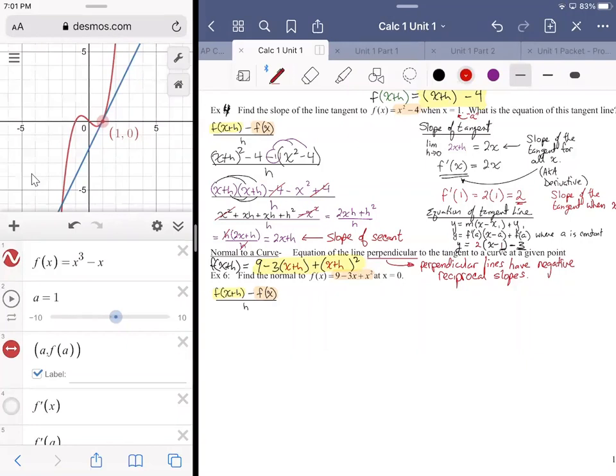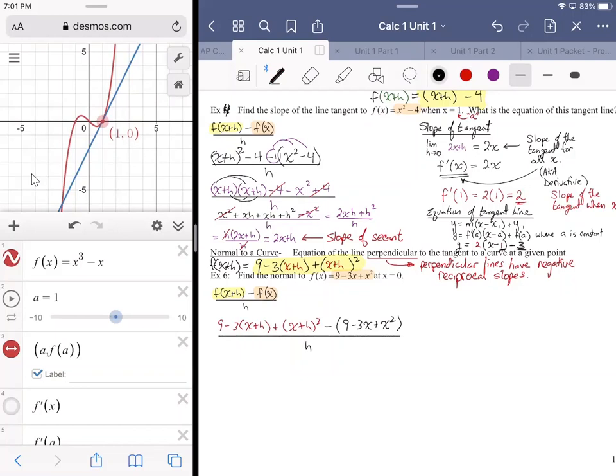All right. So 9 minus 3 parentheses x plus h plus x plus h squared, minus my original function 9 minus 3x plus x squared, all over h.